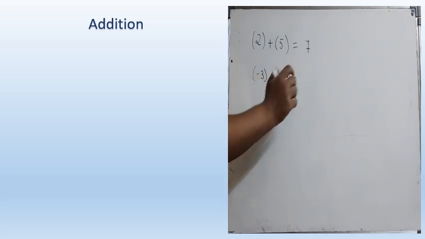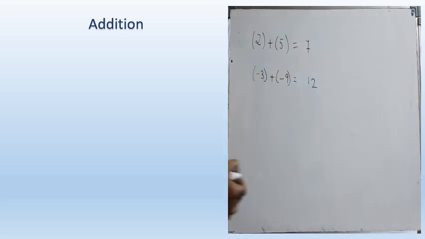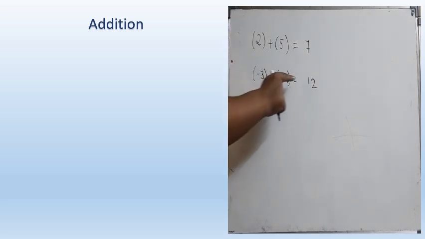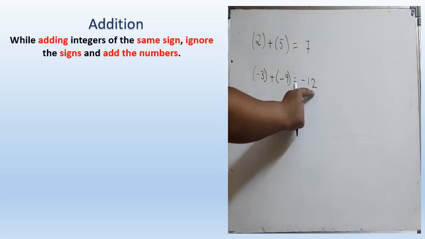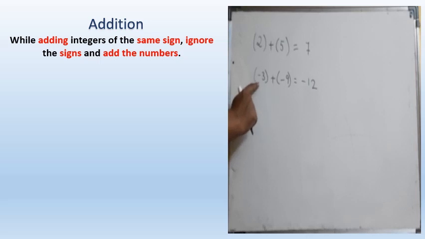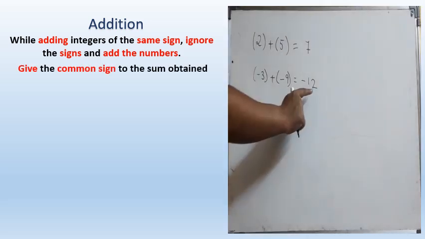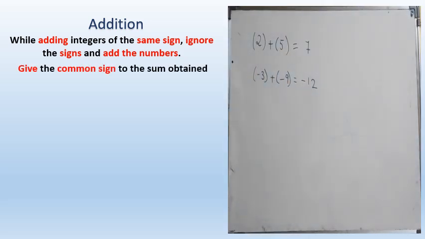So 3 plus 9 is 12 and we are going to give the common sign to this sum. Understood? While adding integers of the same sign, you ignore the sign and add the numbers. Then give the common sign to the sum obtained.